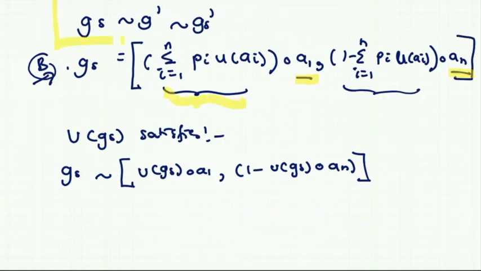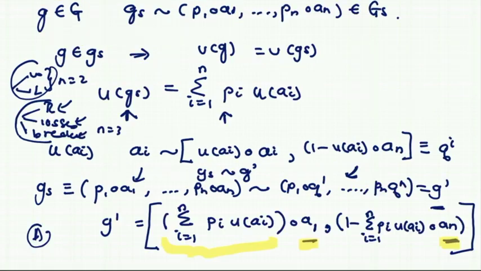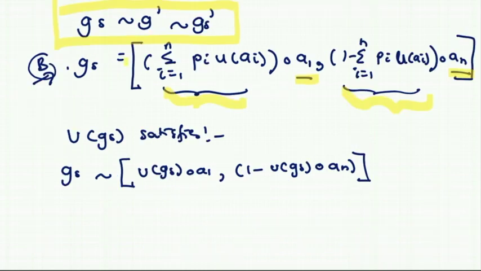Because we have substitution. Remember the axiom of substitution? So this one, obviously, can be compared with this, isn't it? So because of that, we can have this as this, and this as this.